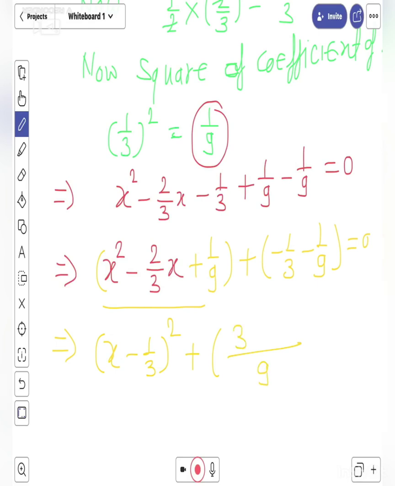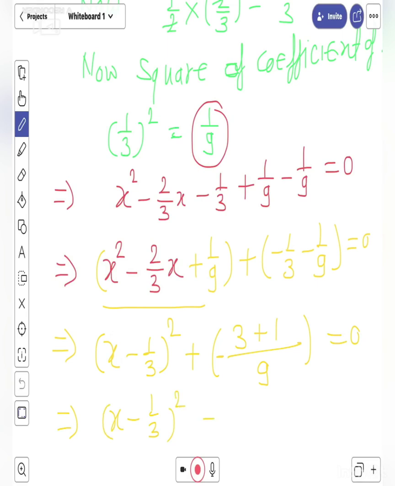The LCM of this is 9. So 3 3s are 9. You will write here 3, and here is 1, and the negative sign you will write here. So this is the plus. Okay, equal to 0. So now dear, what to do after this?